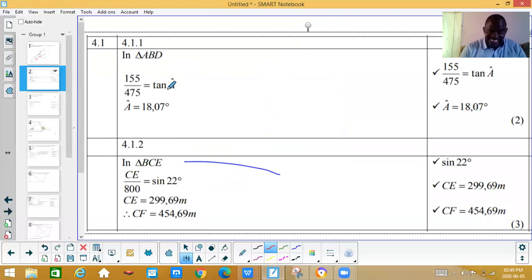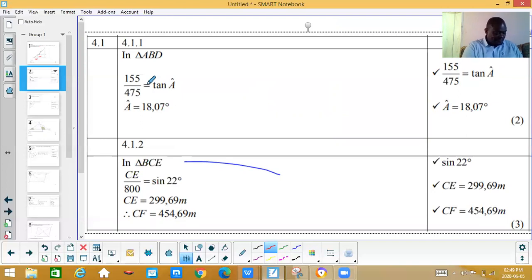You are saying tangent A is equal to 155 over 475. If you simplify 155 over 475, it will give you a certain number. From that number, that is where you now say arctan.